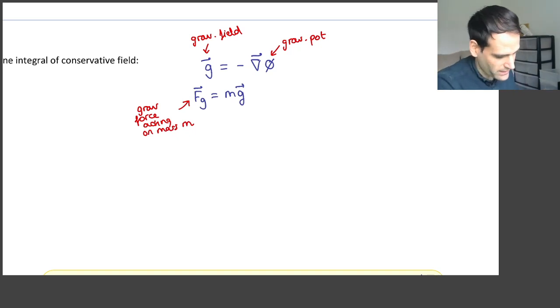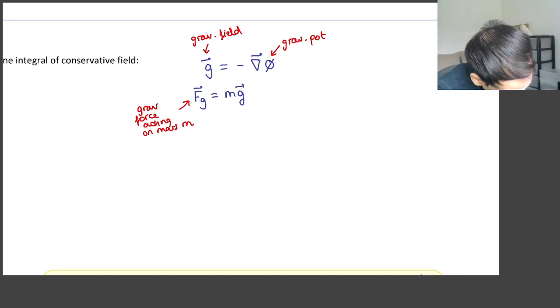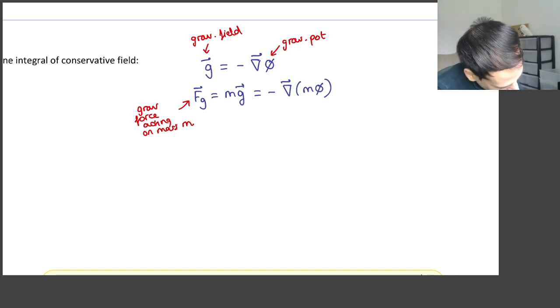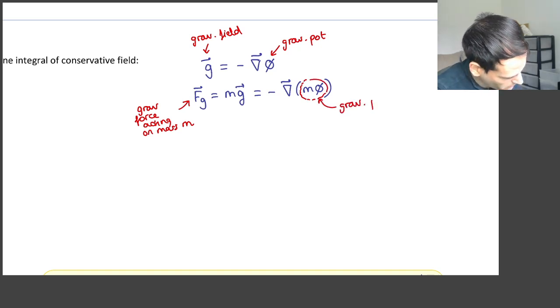And therefore, this means that the gravitational force is equal to the minus gradient of another scalar field, which would be m times phi. Okay, and this new scalar field, we could call it the gravitational potential energy field of the mass. Gravitational potential energy.